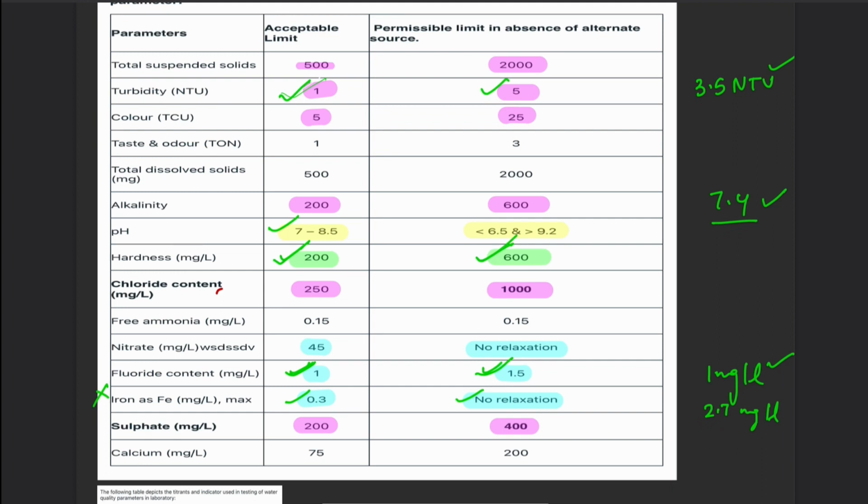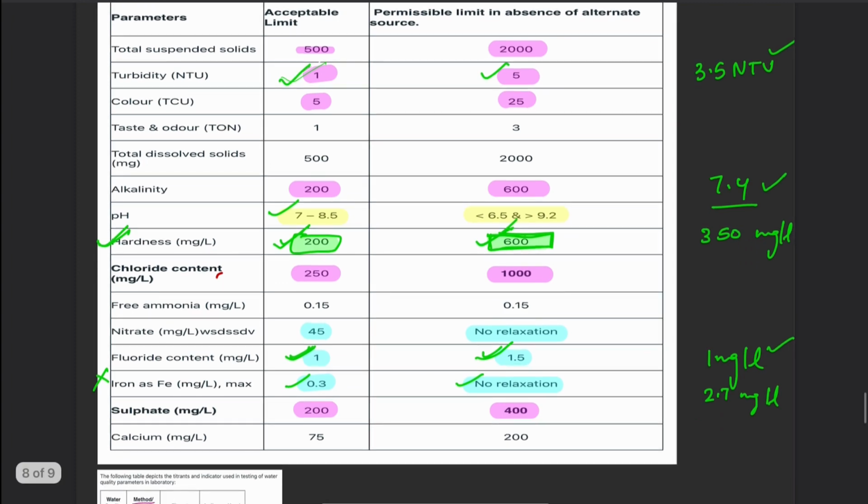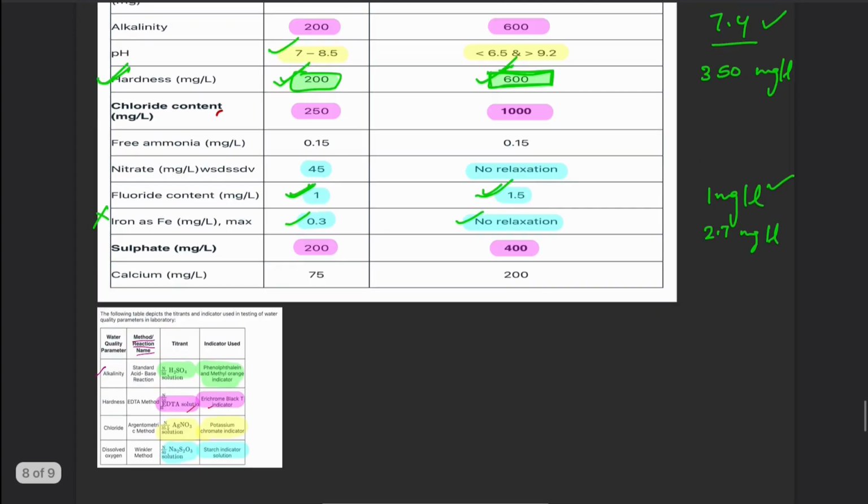Here it is 350 milligram per liter, so hardness should also be removed. 600 is the case only when there are no alternate options; acceptable limit is 200.